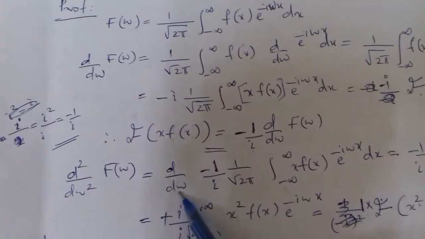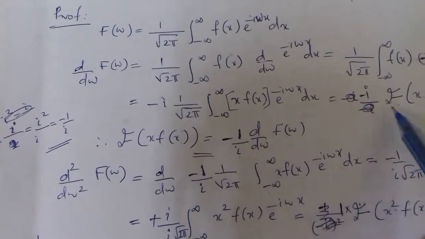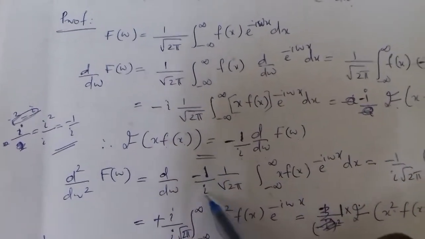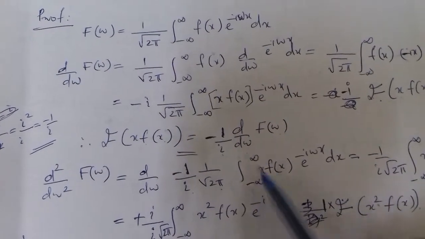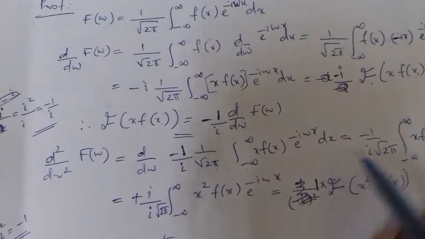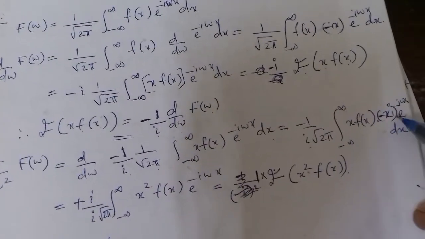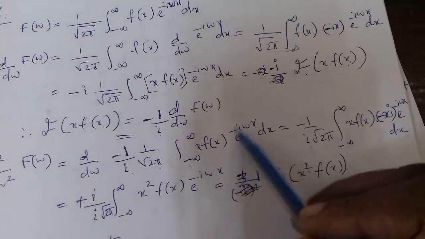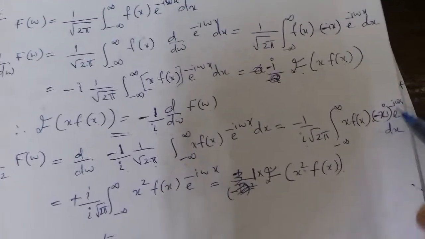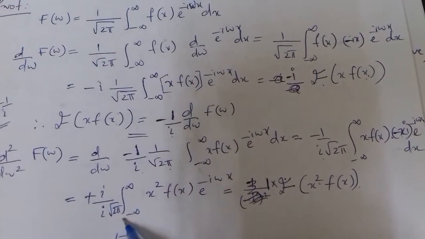Again find the derivative with respect to omega of this one: d by d omega of 1 by root of 2 pi integral minus infinity to infinity x f of x e raised to minus i omega x dx. So it is minus 1 by i root of 2 pi. Again we can find the derivative of e raised to minus i omega x with respect to omega, so again minus ix.